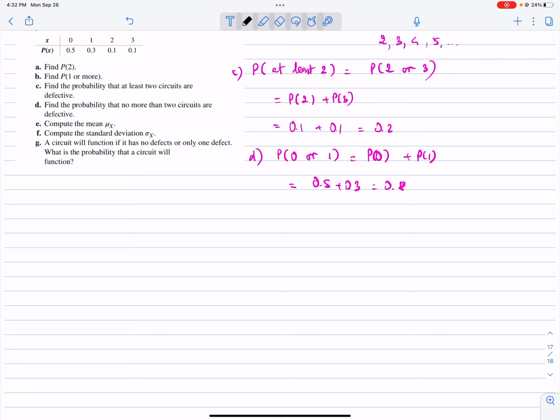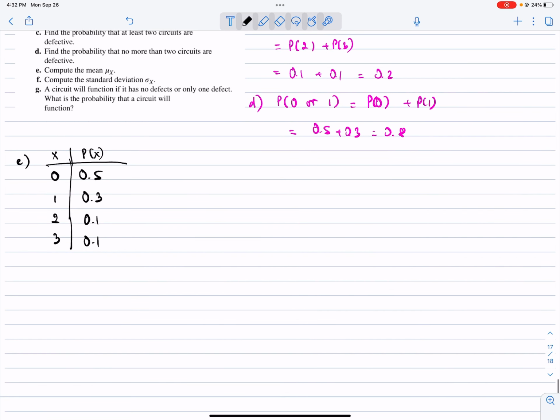In part E, we want to compute the mean, and in part F, we want to compute the standard deviation. Okay, so I will do the table again in a different direction. So we have X and we have P of X. We have 0, 1, 2, and 3. And we have the probability of 0 is 0.5, of getting 1 is 0.3, then 0.1 and 0.1.